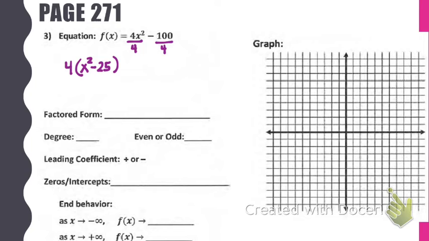Does anyone remember how to factor x squared minus 25? It's a special case. You need two numbers that multiply to be -25, but add to 0. They're opposite numbers, because 25 is a perfect square. Yep, -5 and +5. So this is my factored form.